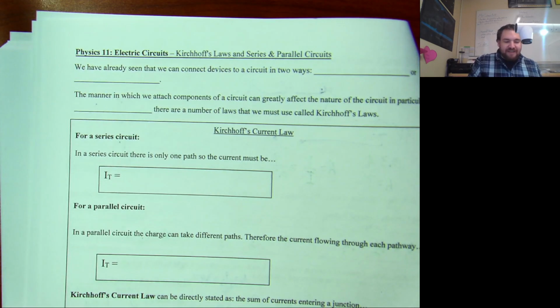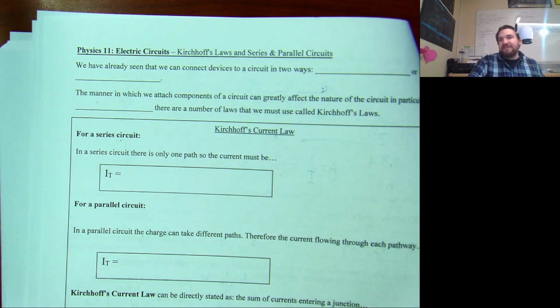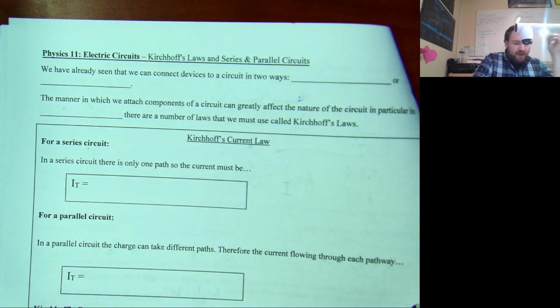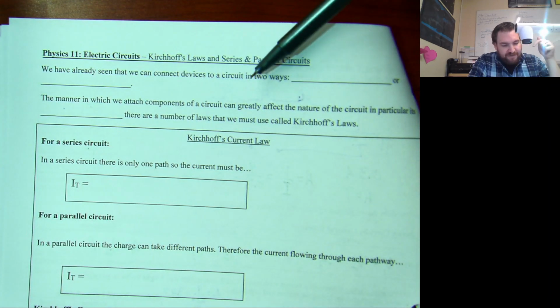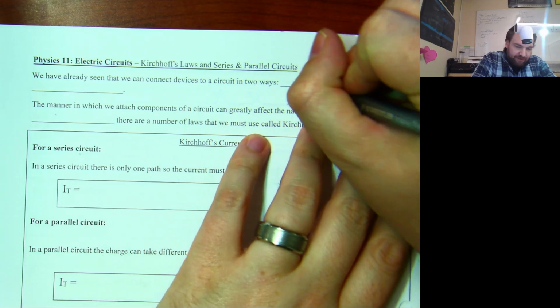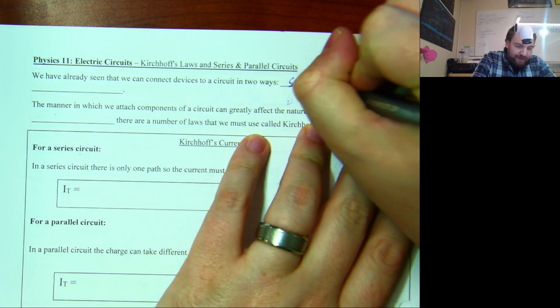So let's do this. Kirchhoff's laws and series and parallel circuits. Between what we did now and what you were supposed to do in grade 9, we've already seen that we can connect devices to circuits in two ways. We can connect them in series or in parallel, and there are no other ways.